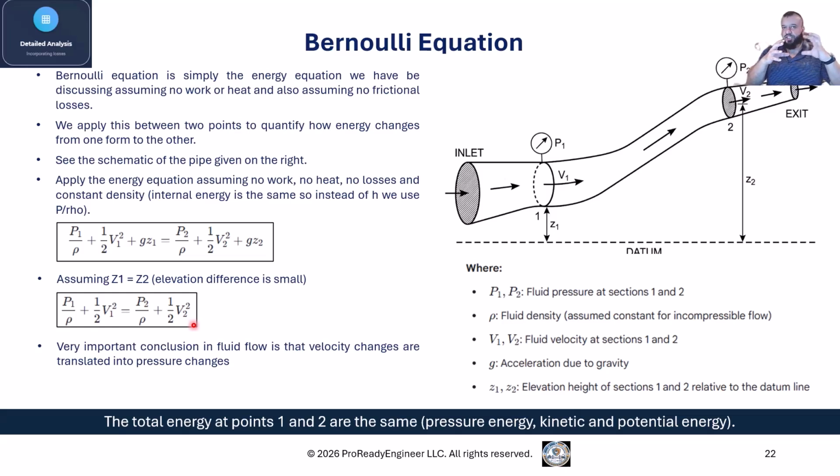Pressure energy, P over rho, plus kinetic energy, their sum is constant. If the velocity goes up, pressure comes down. If the velocity goes down, pressure comes up.